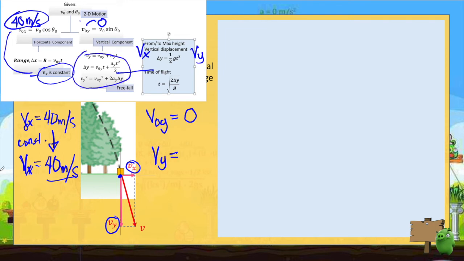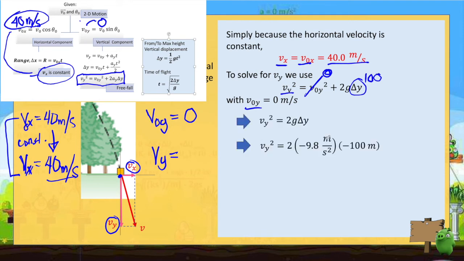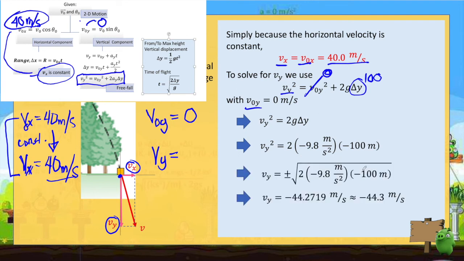Okay? So, let's check what formula is better. We can use the third formula. We started with 0 and then we solve for this one because we already know this. This is 100. So, we substitute the values and then we take the square root of the answer. We have this one.